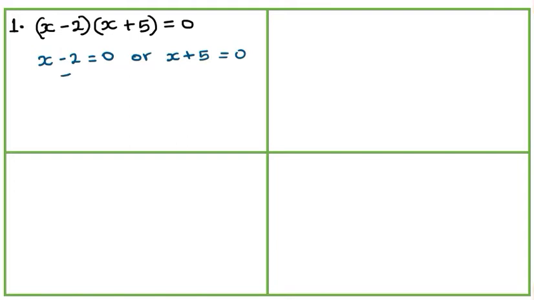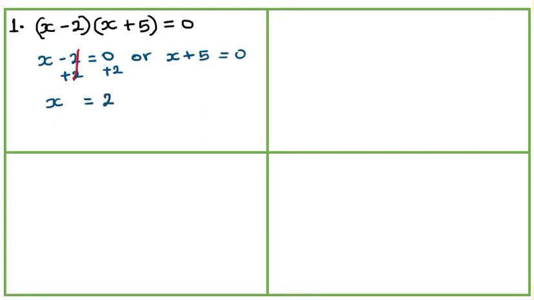let's add 2 on both sides such that these two will go and we remain with x is equal to 0 plus 2, which is 2.